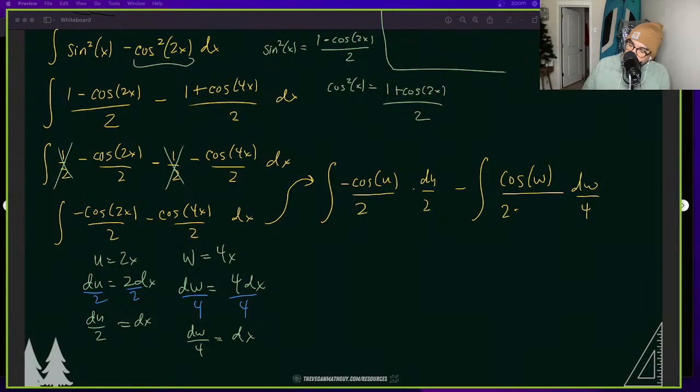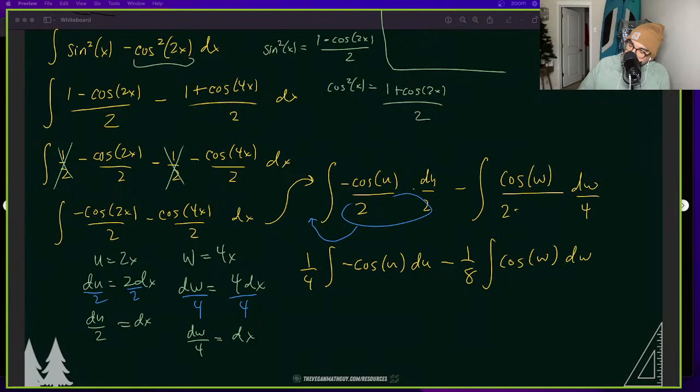All right, for that first one, we can go ahead and multiply the 2's and pull them on the outside. So now we're going to have 1/4 integral of negative cosine of u du, and then minus 1/8 integral of cosine of w. All right, hopefully that makes sense.